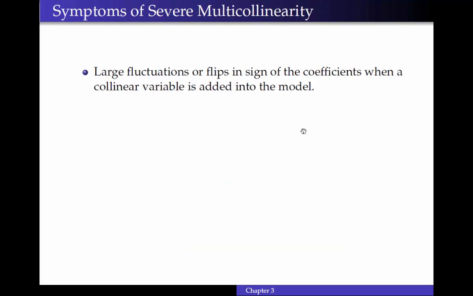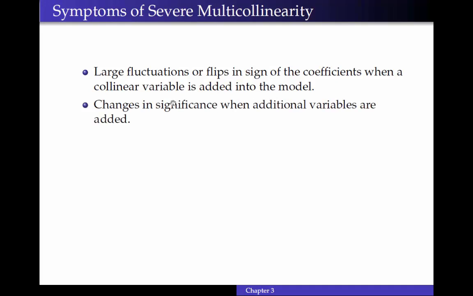When you have a situation like this, you can notice some symptoms. You'll see large fluctuations or flips in signs of the coefficients when a collinear variable is added into the model. You may see changes in statistical significance when you add variables in.